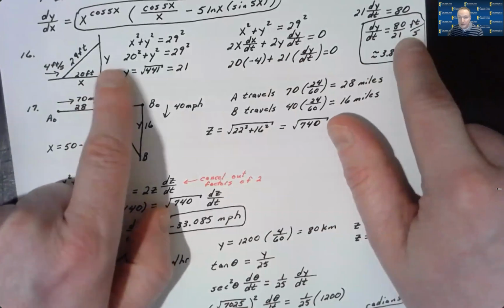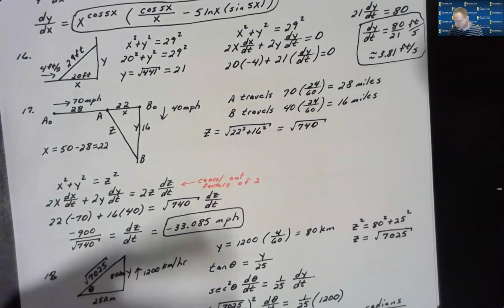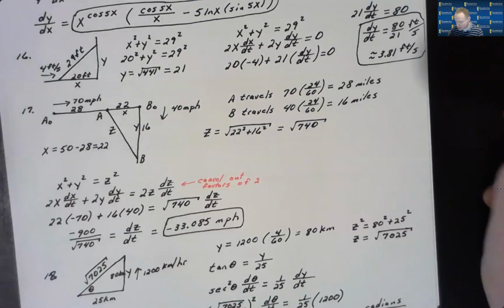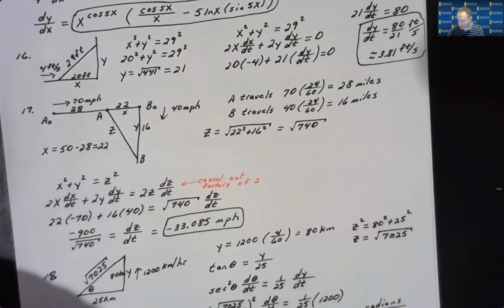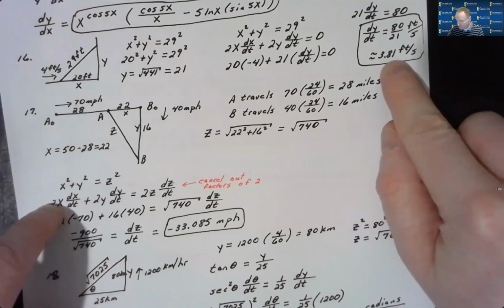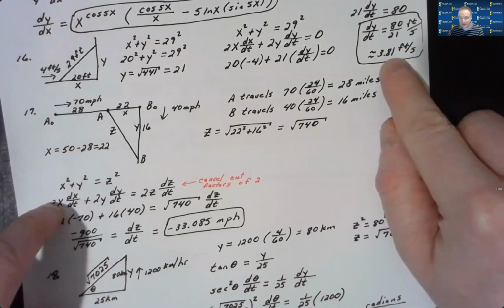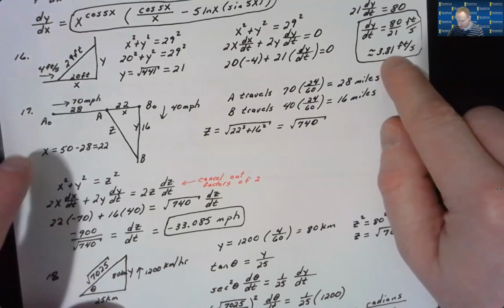So my exact answer here would be 80 over 21 feet per second, which as a decimal approximation means the ladder is going up the wall at a rate of approximately 3.81 feet per second at this instant in time. All right, next question.